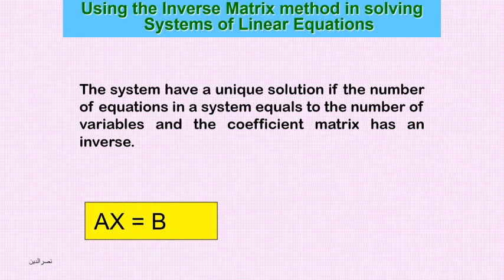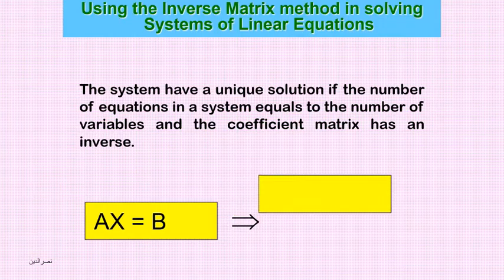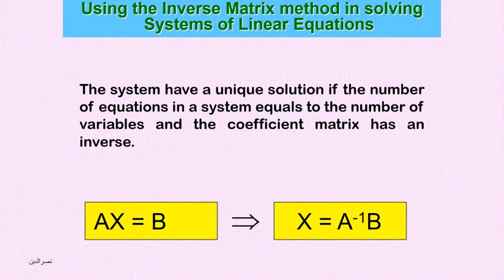Let's say we have AX equals B. By solving this, at the end we have X equal to A inverse times B. In order to get this, we need to eliminate A on the left hand side by multiplying with A inverse.